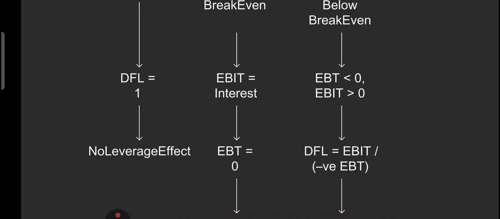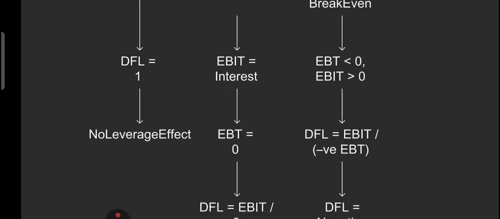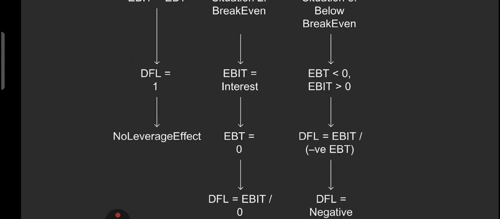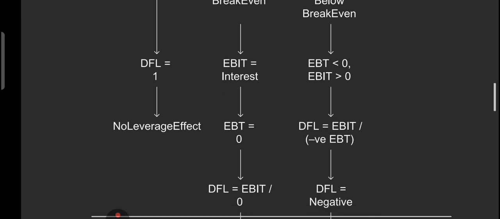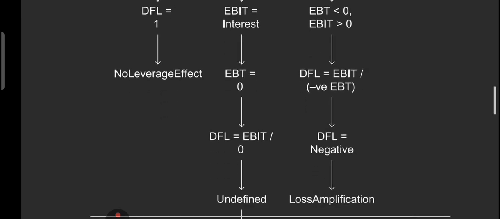So what will happen in this case? DFL will become negative, right? It will become negative because it is a ratio of EBIT upon EBT. You can see EBT is negative, so DFL will be negative. So this signals what? Loss amplification, meaning leverage is hurting you, right? It is not helping, it is hurting you. That is why I told you, leverage is a double-edged sword.